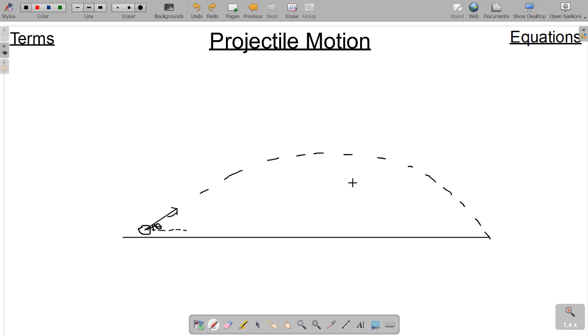First, let me let you know that in projectile motion for our syllabus, we don't take into account things like air resistance. The only external force that we take into account is gravity. I'll put it here. This is the only external force that we take note of.